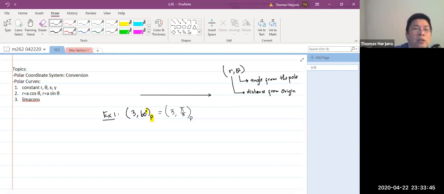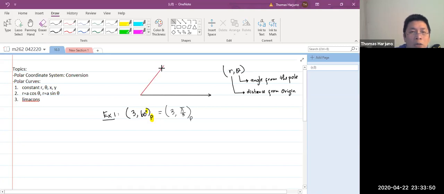Now, what does it mean to say 3, pi over 3 or 3, 60 degrees in polar? It means that from the pole, I will go 3 units at the angle of 60 degrees. The length is 3 units from the origin, and the angle is 60 degrees, or pi over 3.